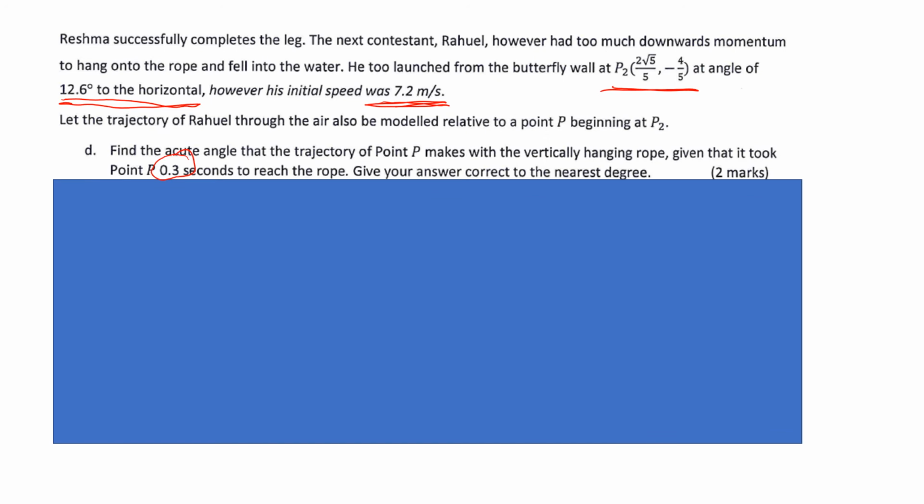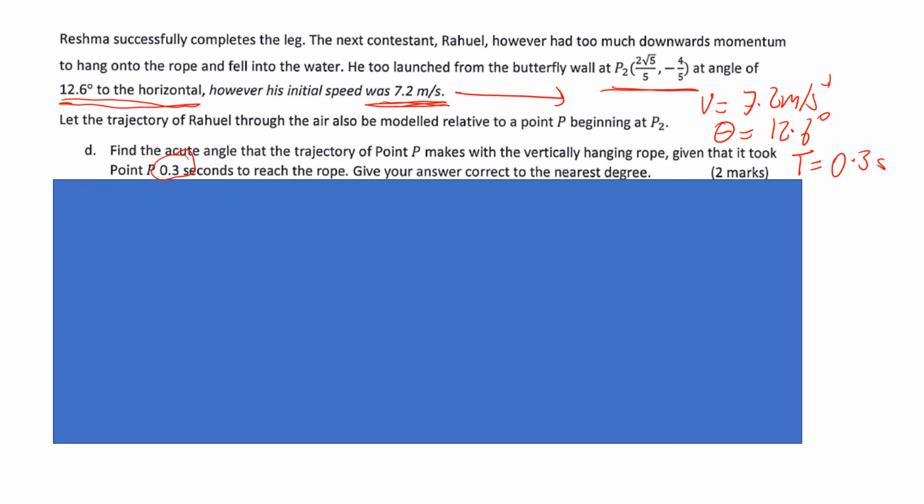All right, so we're told his initial speed was 7.2 meters per second. We're told that the angle of projection was 12.6 degrees, same as it was for Reshma. And we're told that the time it took him to reach the rope was 0.3 seconds.